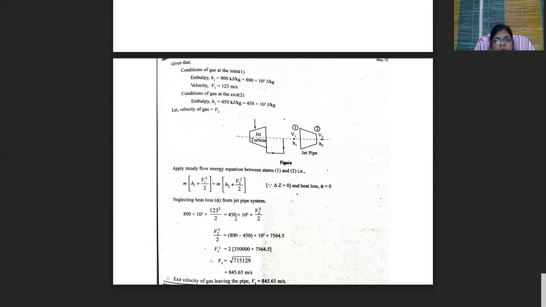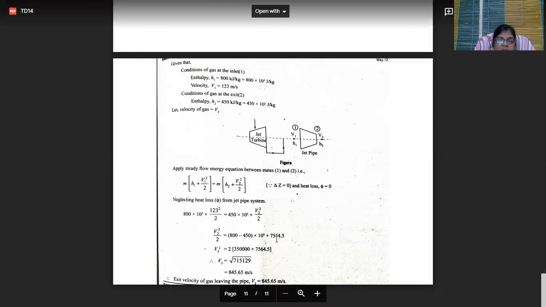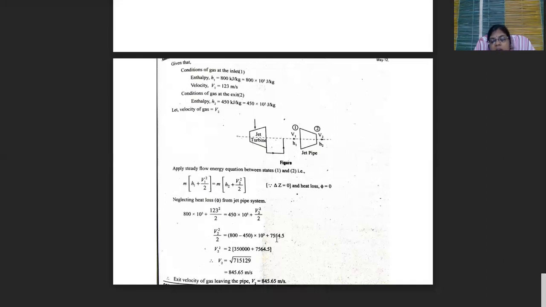Here we don't need to, because we are asked for velocity, we didn't ask for work done. If you want to calculate work done, then divide the kinetic energy and potential energy by 1000. Here he asked only velocity, so we need not put the value of 1000 for kinetic energy. We just put the values here.